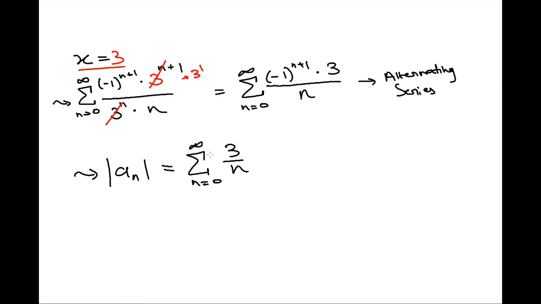I hope you see that it diverges, because this would be a p series with p equals 1, which diverges. So we could say right off the bat that this guy right here diverges by the p test of p series. So this diverges, and so our series does not converge absolutely.